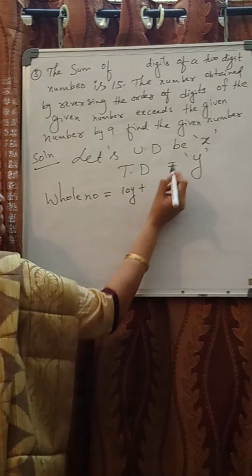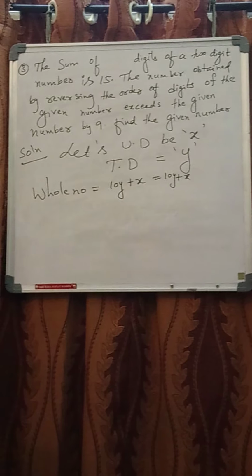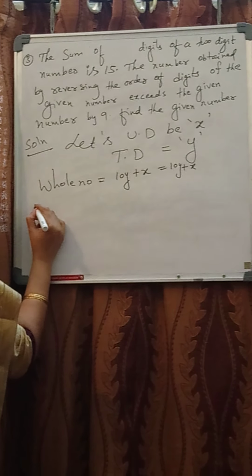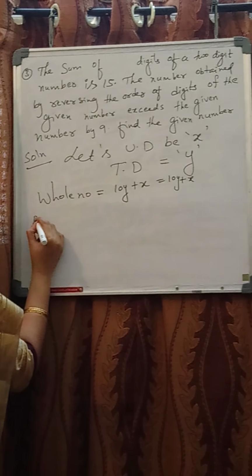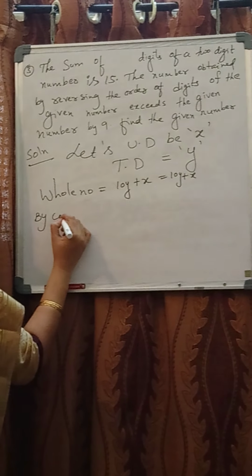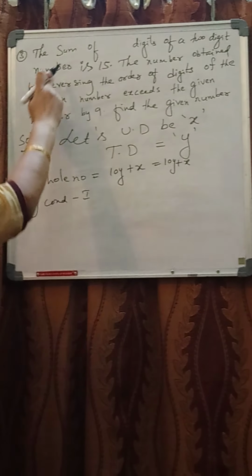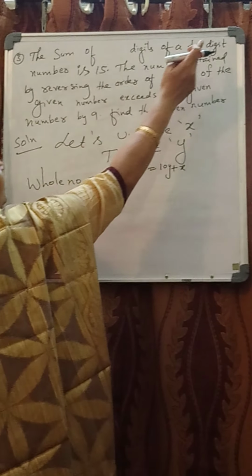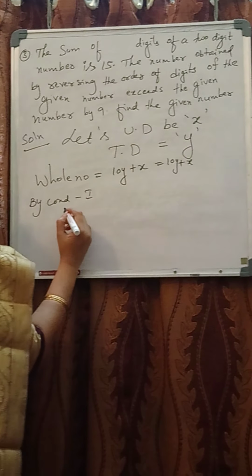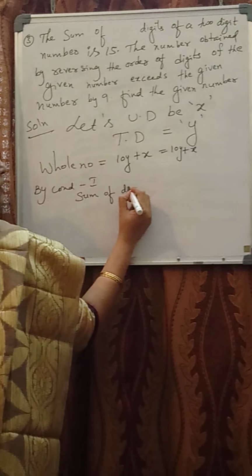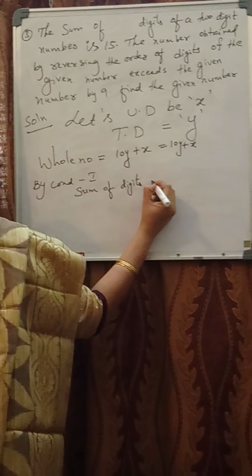Now clear? Next, according to condition 1, the sum of digits of a 2-digit number is 15.